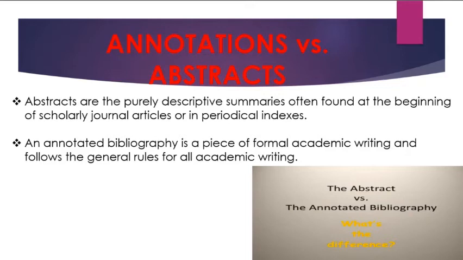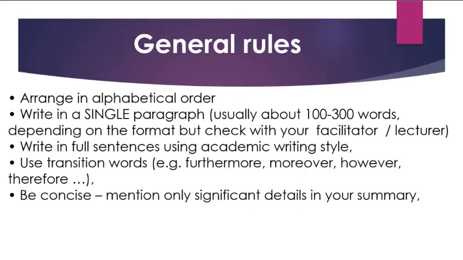It's a piece of formal academic writing and follows the general rules for all academic writing. You will be wondering, what do we mean by general rules? The general rules are rules guiding you, me, all librarians and information professionals in writing an annotation.